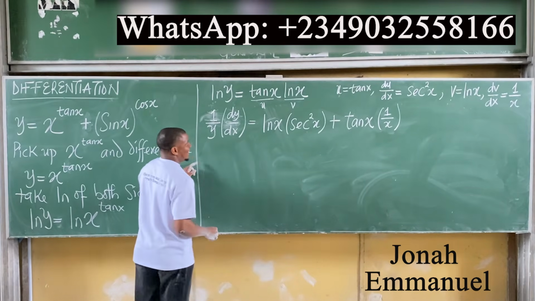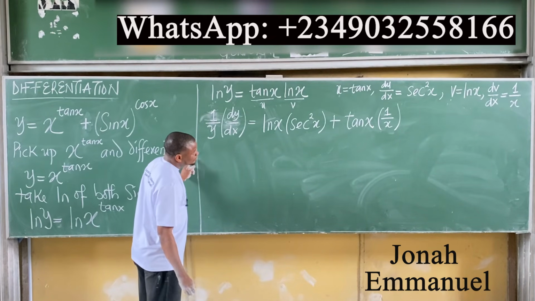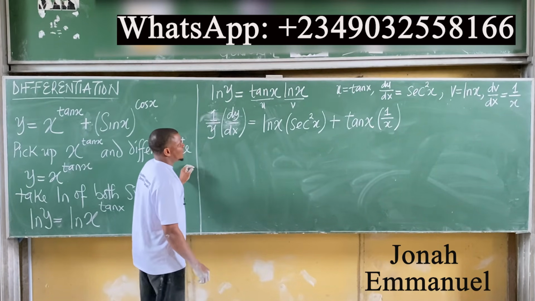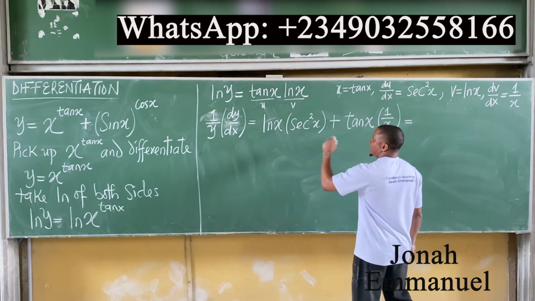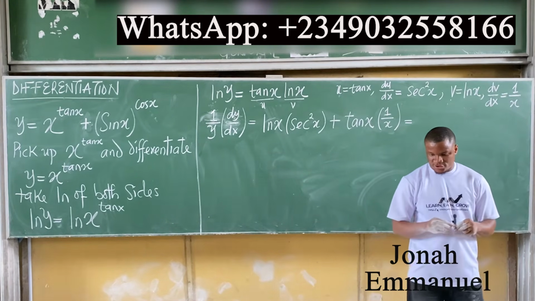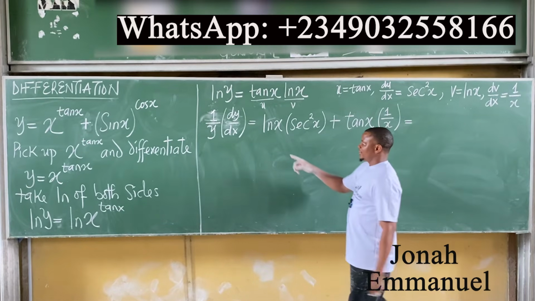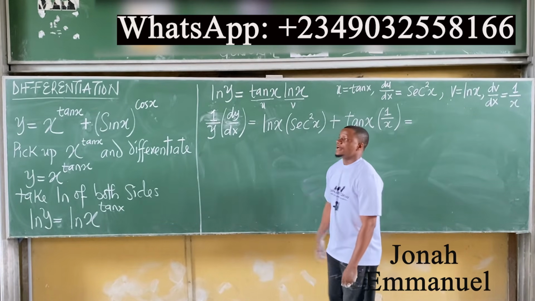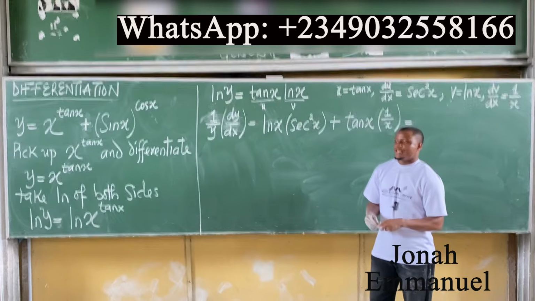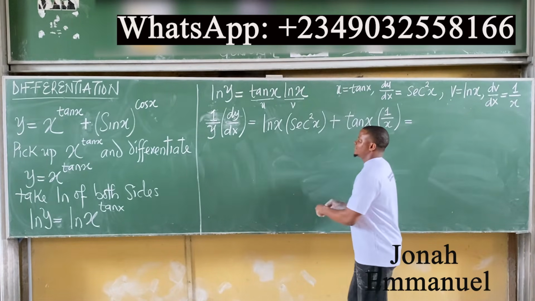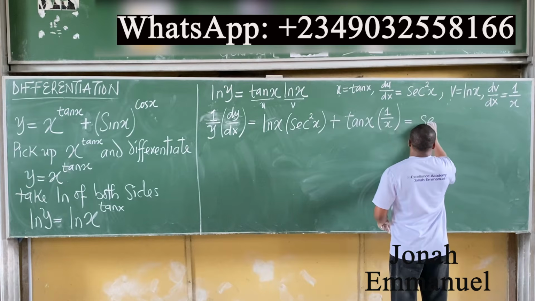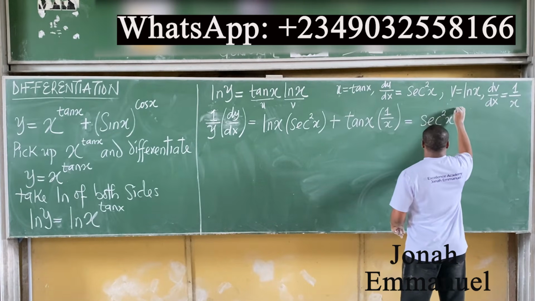So I have v du/dx plus u dv/dx. Okay, from here, let me just simplify. This is equal to, usually, when you have a ln term multiplying this, in the usual arrangement, it is preferable you take the term before the ln. So this becomes sec squared x ln x.